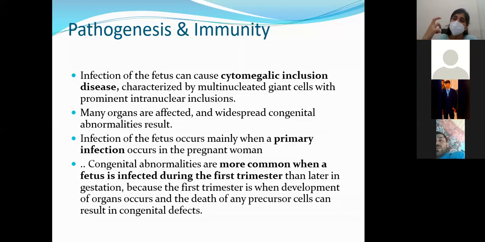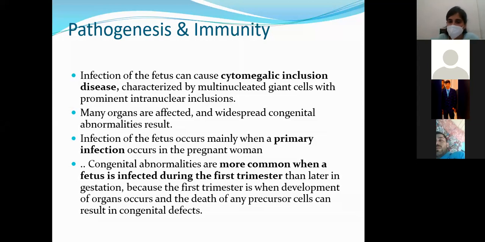The chances of transmission are more when the mother has the primary disease, as I told you, the primary disease is more severe than the secondary disease, except in zoster or shingles. So the infection of the fetus occurs mainly when the primary infection occurs in the pregnant woman. Same is the case with herpes simplex virus 2 infection.